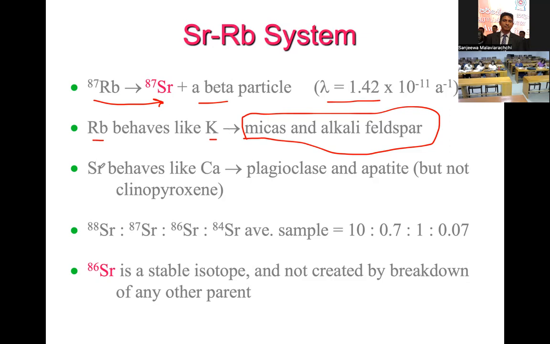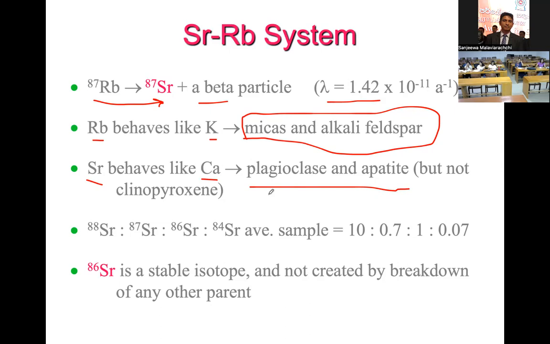And in the case of strontium, which is the daughter product, right, it behaves like calcium, right? So that means it likes to be in plagioclase and apatite. They are calcium bearing phases. So instead of calcium, strontium can be replaced there. Okay, it's a kind of ionic replacement in plagioclase and apatite.